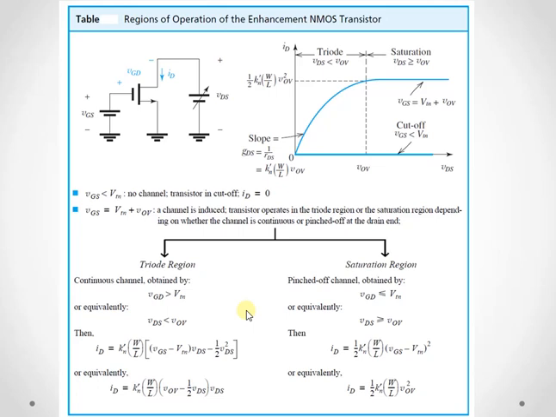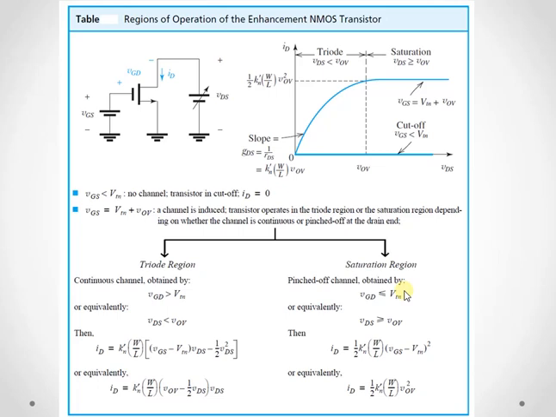To operate in the triode region, the gate voltage must exceed the drain voltage by at least VTN volts, which ensures that the channel remains continuous and is not pinched off. On the other hand, when it is operated in the saturation region, the channel must be pinched off at the drain end, and this pinch off is achieved by keeping VD higher than VG minus VTN. That is, not allowing VD to fall below VG by more than VTN volts.